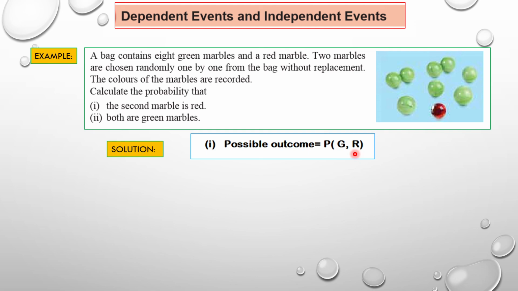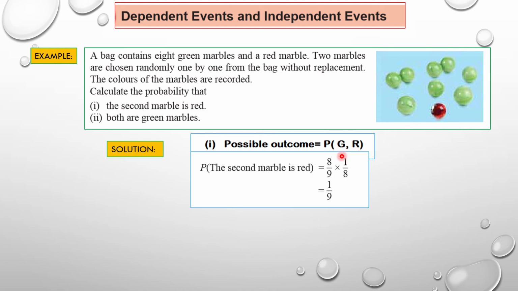Okay, now let's calculate the probability. So here we have only one possible outcome. Okay, now in order to get the green marble, we have altogether 8 green marbles over the number of marbles, that will be 9 for the first event. For the second event, now here it is one outcome, so you multiply with the second event.